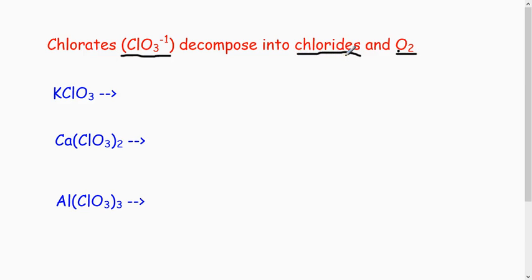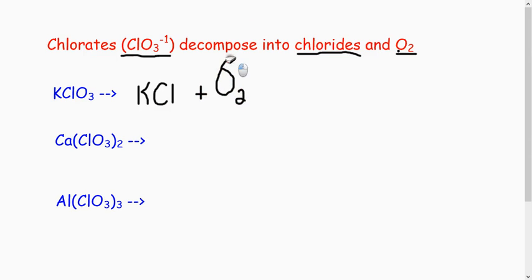The chloride is going to be formed essentially like the oxide was, but instead of combining the first element with oxygen, we're going to combine it with chlorine. So my first element, K, is going to go with the Cl. Look up the charges. K is +1, Cl is -1. So when I crisscross, I'm going to get KCl, and my other product will be O2.